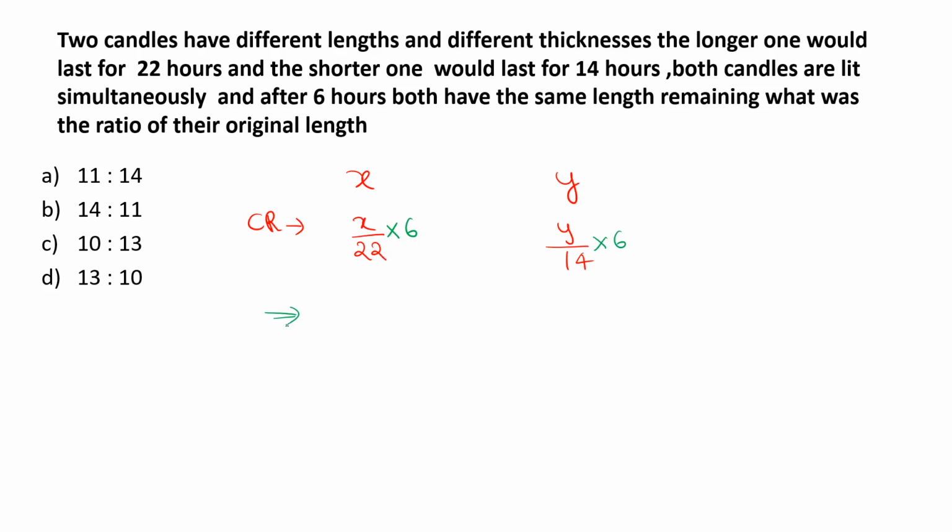Then the remaining portions of those two candles became equal. Out of x, the remaining portion would be x minus 6x by 22. Or you can simplify 6x by 22 as 2 threes and 2 elevens, that is 3x by 11.